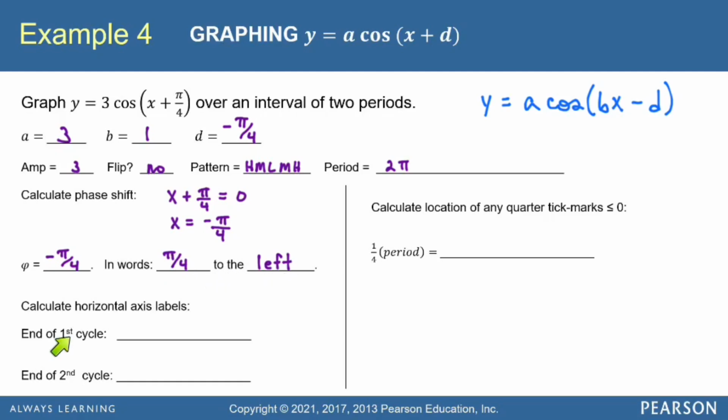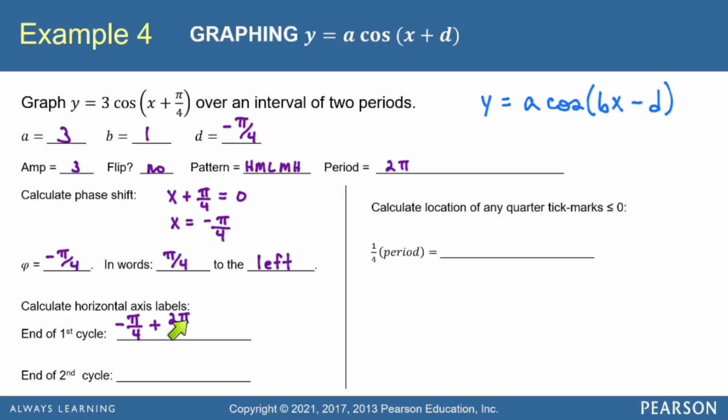Okay, now let's calculate the labels that are going to go at the end of the first cycle and the end of the second cycle. So we know that we do that by saying starting point plus period equals ending point. Our starting point for the first cycle is our phase shift. So here we will have negative pi over 4 plus a period, so plus 2 pi, and that's going to give us our ending point. Now we need a common denominator, and that's going to be 4.